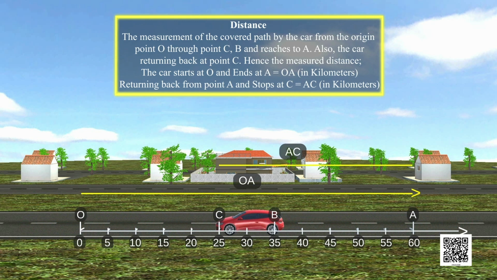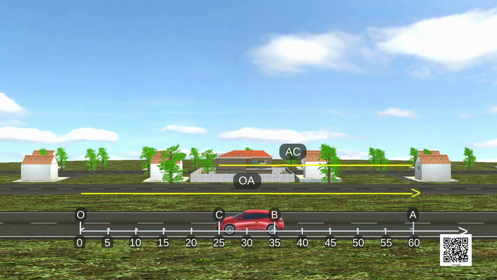Hence, the measured distance. The car starts at O and ends at A, equal to OA in kilometers. Returning back from point A and stopping at C is equal to AC in kilometers.